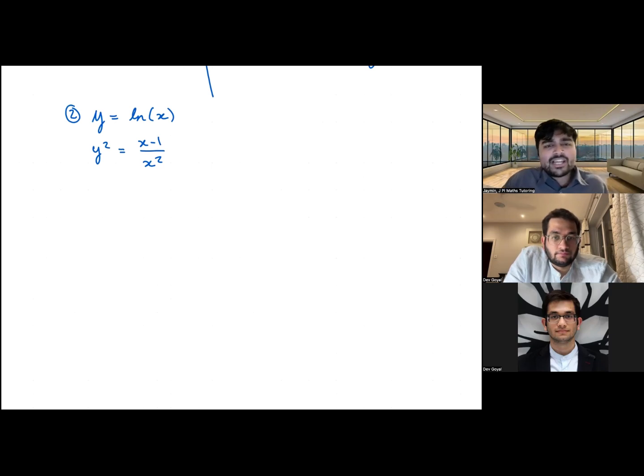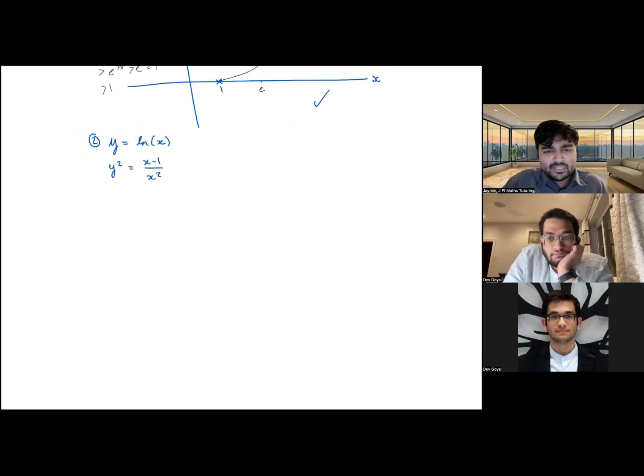I know I can sketch ln of x and get the rough shape of that. The second graph is a bit more awkward. I also noticed that the second one is y squared, so for any x value, it may have two potential y values. Just to illustrate what I mean, if I was trying to work out what y was when x is 3, let's say, I'd get 2 over 9.